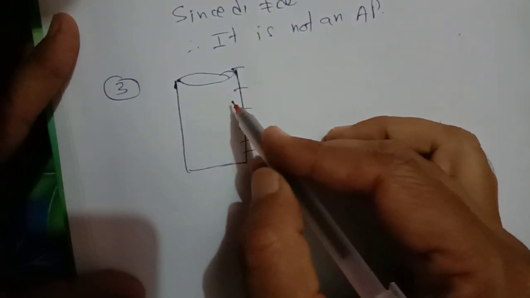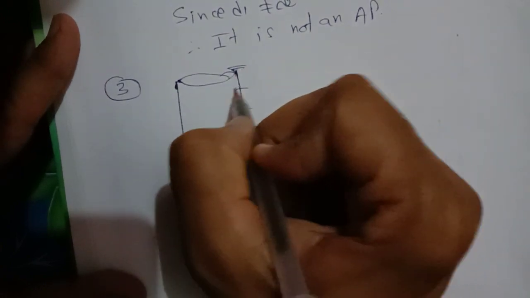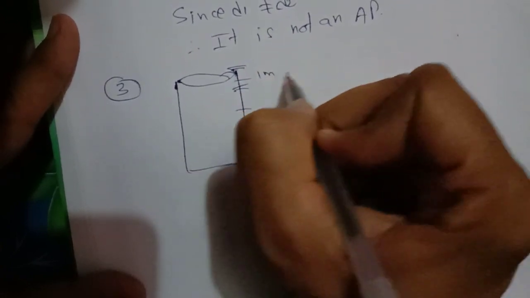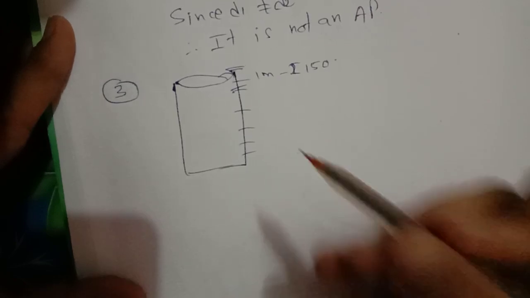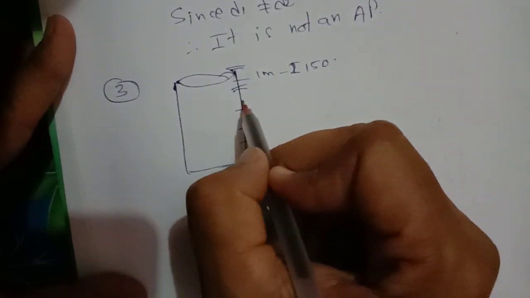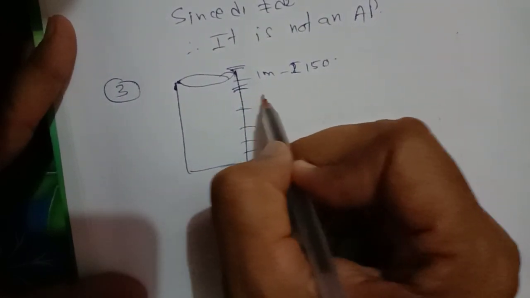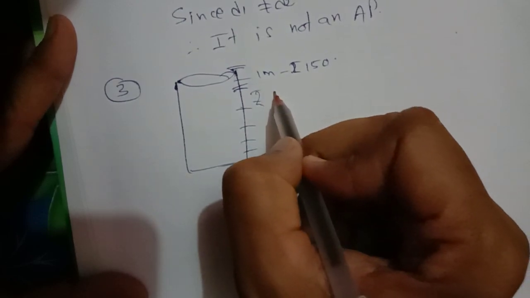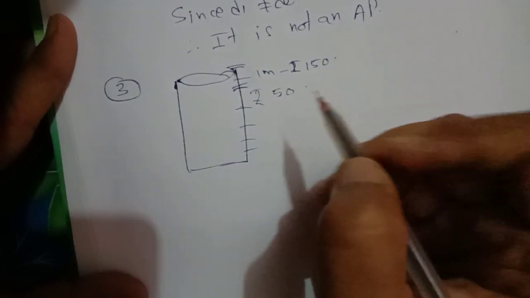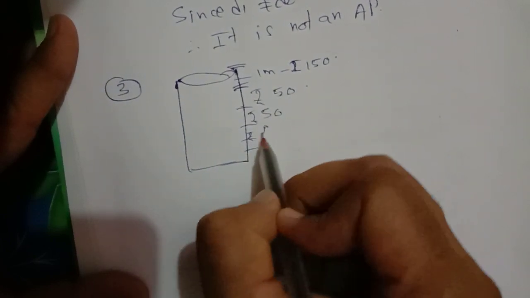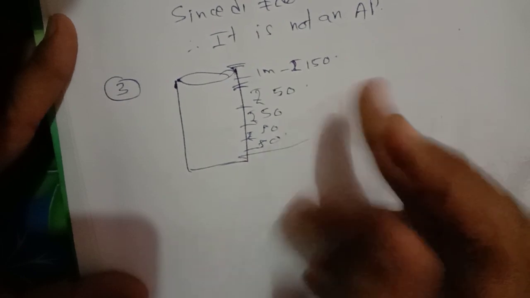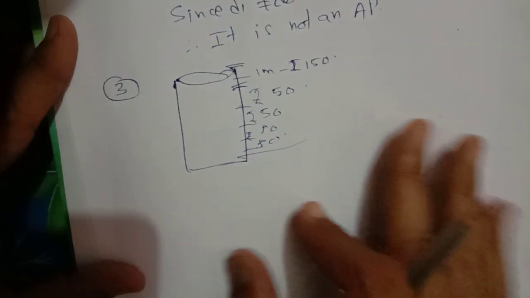See here, the question is the cost of digging a well after meter, means from here to here, if it is 1 meter, for this one the cost is rupees 150. After this, every meter, this also 1 meter from here to here, but the cost of this is rupees 50 for each meter. Here also rupees 50, rupees 50, 50, 50. We can write. Okay, this is about the question.